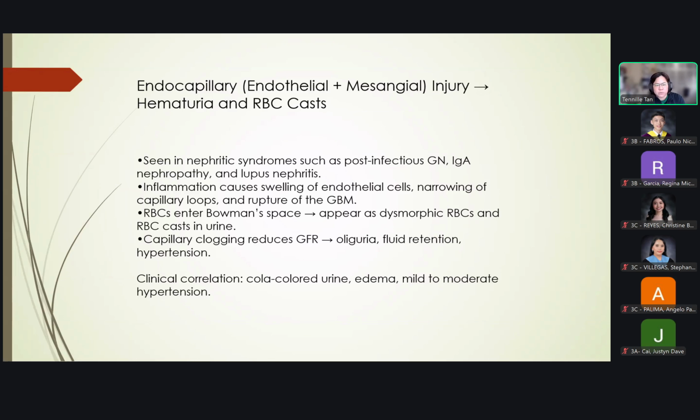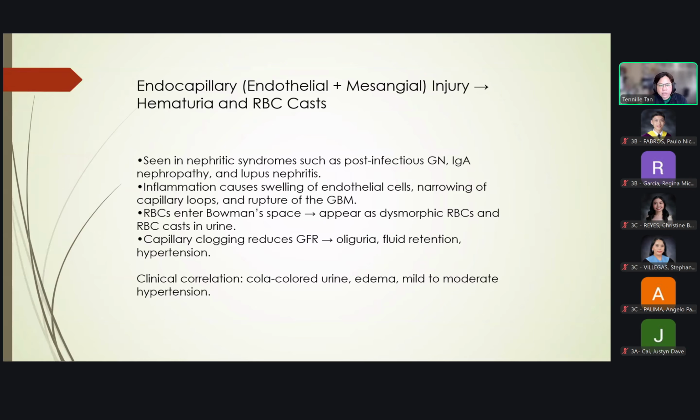The morphology will tell us the shape of the RBCs. If it's just bleeding from your urinary tract, like from nephrolithiasis or a similar injury, then the RBCs will appear as normal-looking RBCs. However, if they're coming from the glomerulus, they will be dysmorphic-looking RBCs.